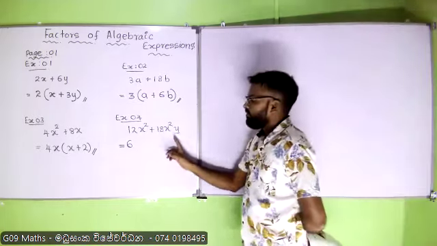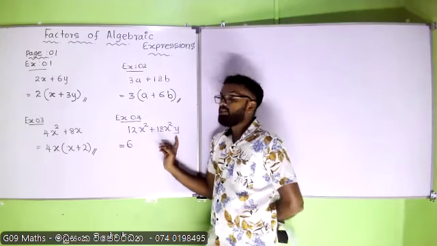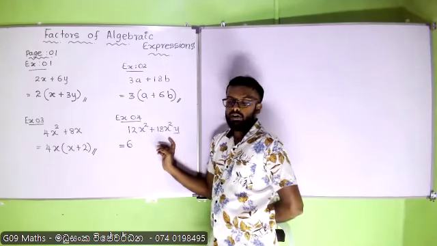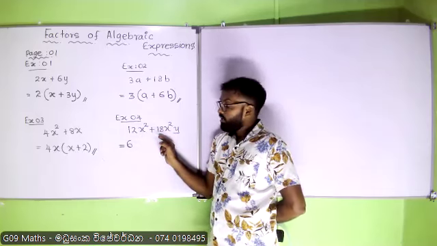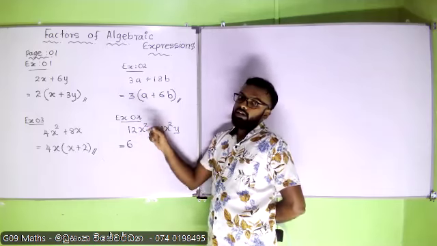Then we have the y term here. We have only y in this term, so y we cannot take out. But when it comes to x, what is the power that we can take out?